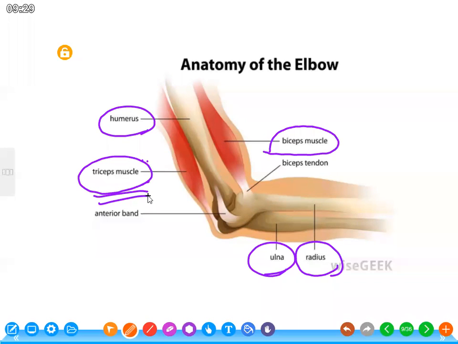Then the biceps muscle comes to its original resting position. So the muscles participate in the movement, biceps muscle and triceps muscle. Observe this picture carefully.